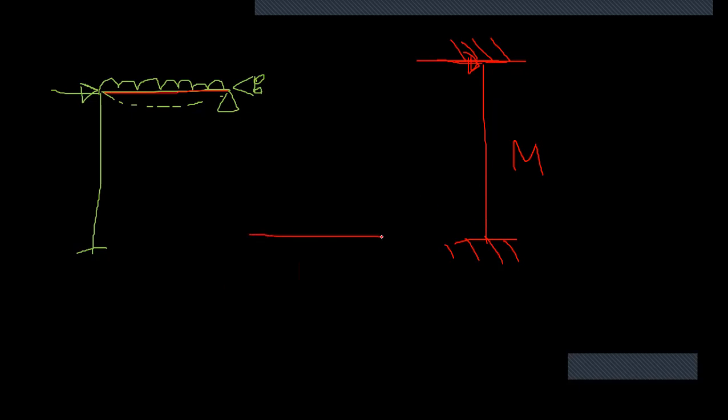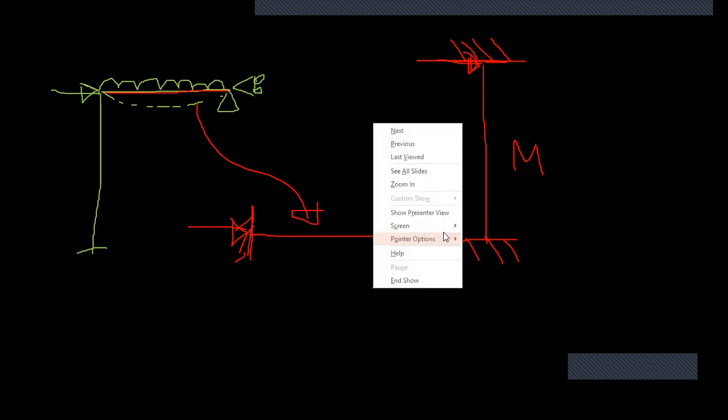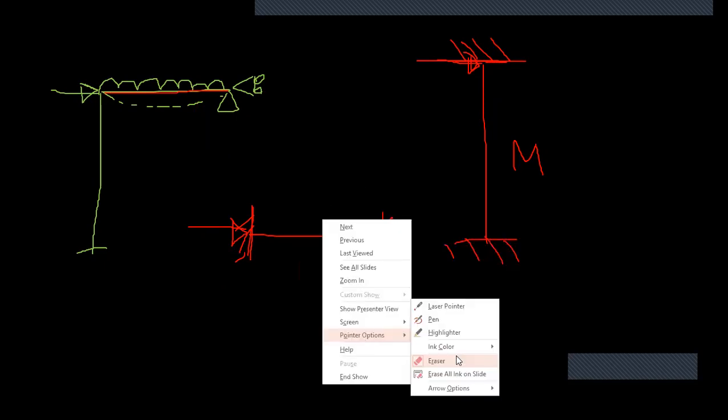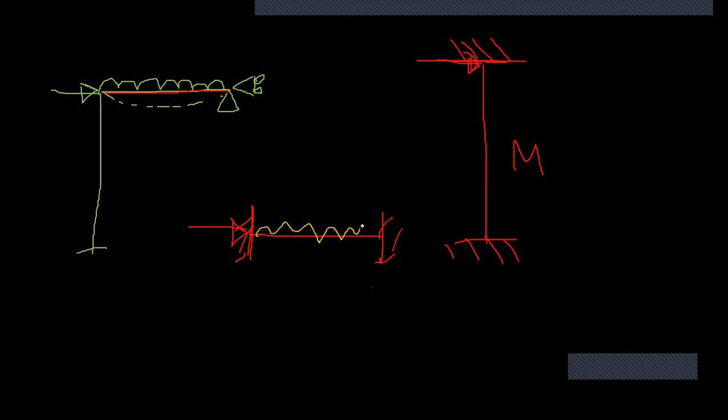So here it's like this. If you fix it and apply a load like this for this member, nothing happens, no fixed end moment. The load is axial and the beam will not take it. But if you apply a load somewhere in between, in the middle like this, definitely there will be fixed end moments.